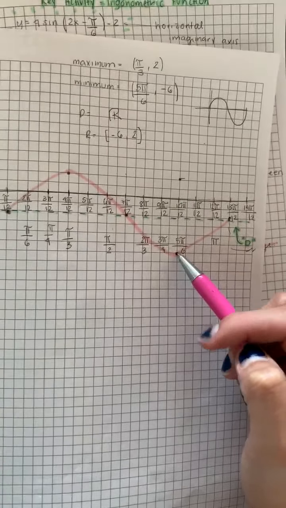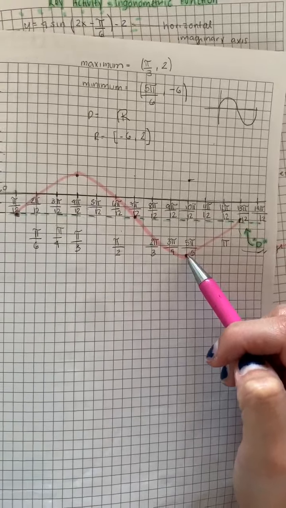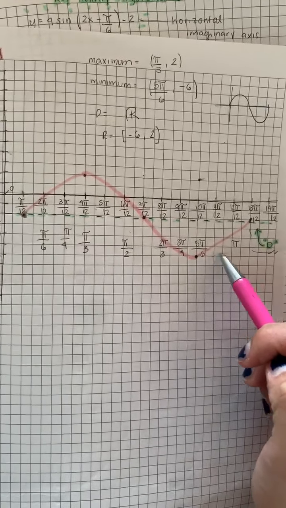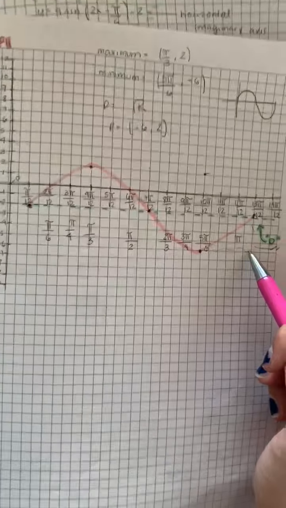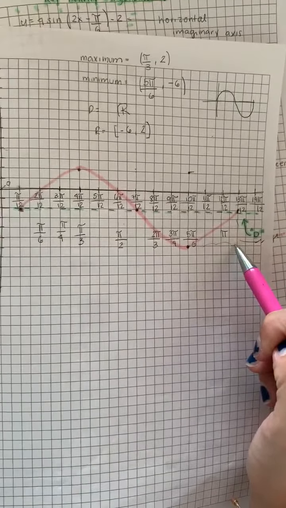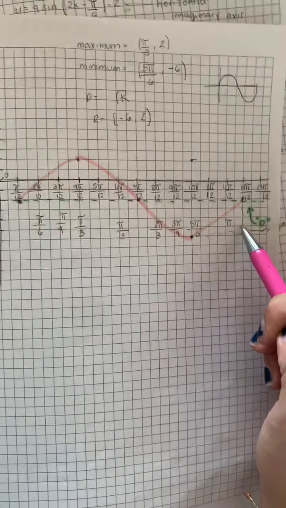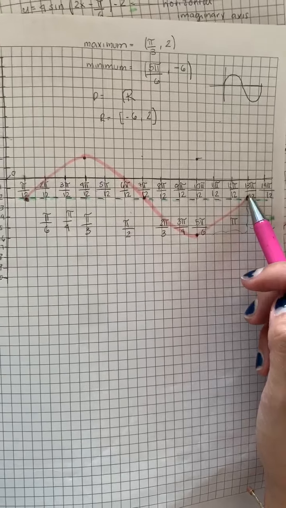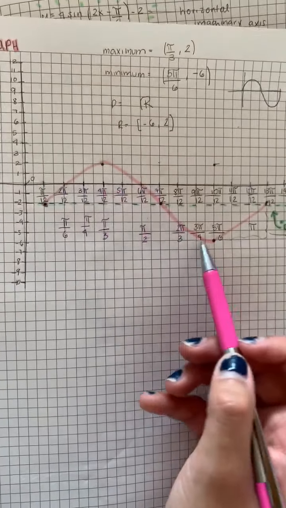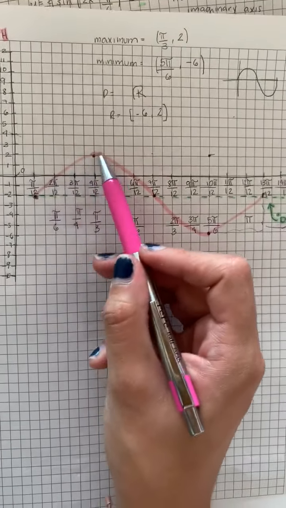And then you're going to count for the last time your pi fourths. 1, 2, 3. And then you're going up finally 4 points. 1, 2, 3, 4. Now you have your graph and you can color it with a pencil.